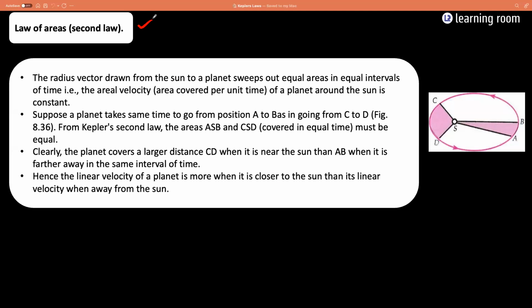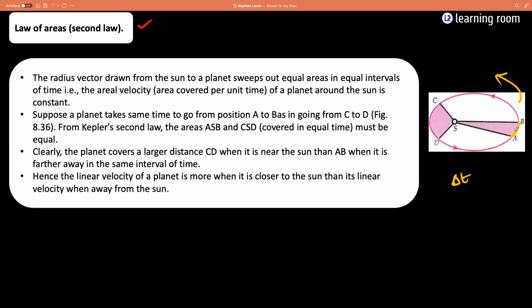The radius vector drawn from the sun to the planet, and let's say the planet is revolving in the anti-clockwise direction, sweeps out equal areas in equal intervals of time. Means in time delta t, let me take two areas. The planet has swept from A to B in time delta t.